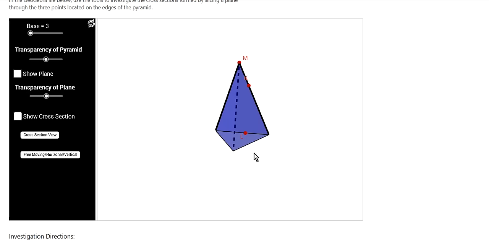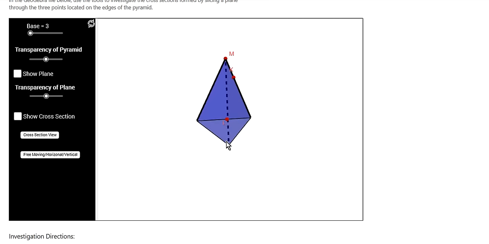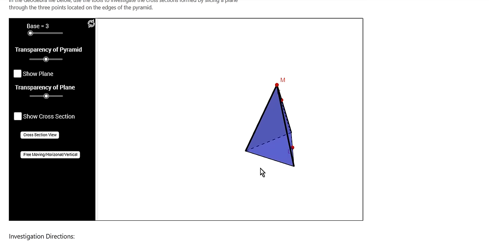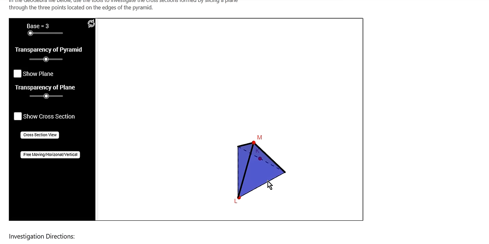Now, let's create the cross section in such a way that it contains the altitude. Okay, so I'm just going to try my best here because it's not that easy to find certain points by hand. So I'm going to draw a plane that goes through the midpoint of that other side right there and this vertex, and then it also goes through that vertex that's pretty much close to the altitude.